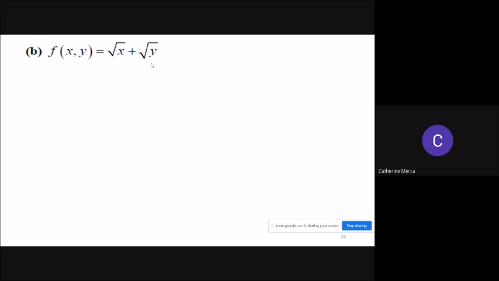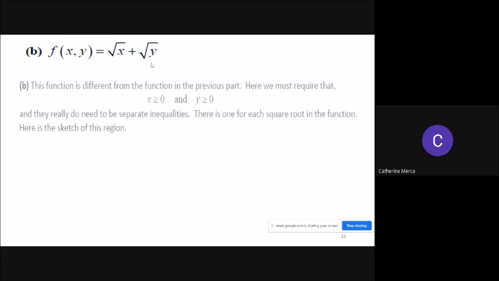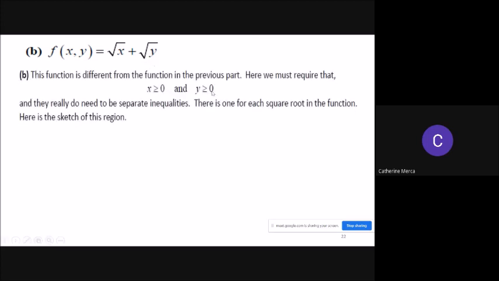That is, x is greater than or equal to 0 and y is greater than or equal to 0. They really do need to be separate conditions, not a sum. So, the sketch of this region is this one: x greater than or equal to 0 is the right part, and y greater than or equal to 0 is the upper part. So, this region.